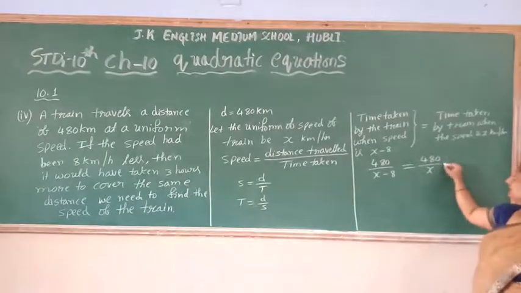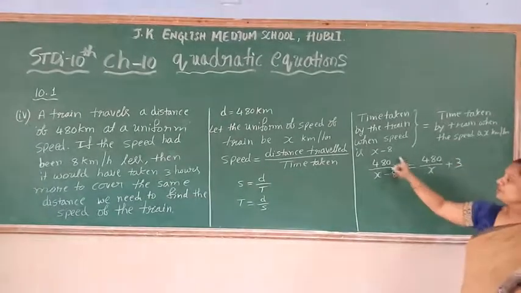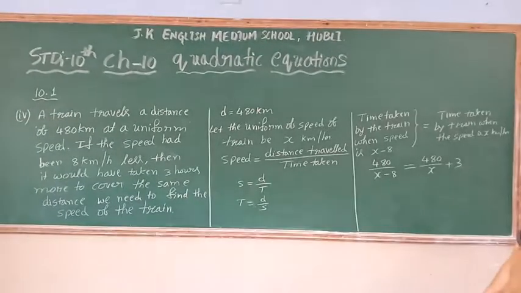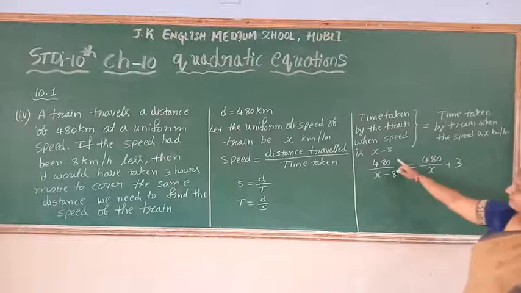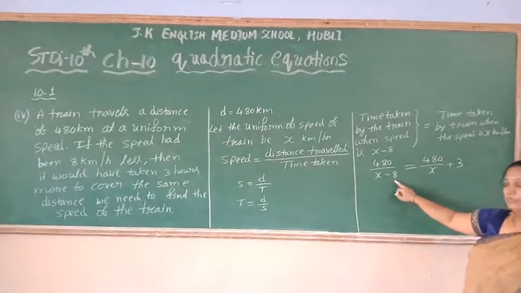Compared to this time, it takes 3 hours more when the speed is decreased by 8 kilometer per hour. So this is the time taken by the train when the speed is decreased by 8 kilometer per hour.